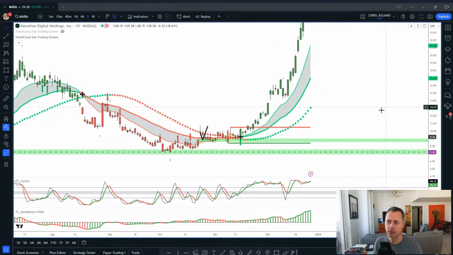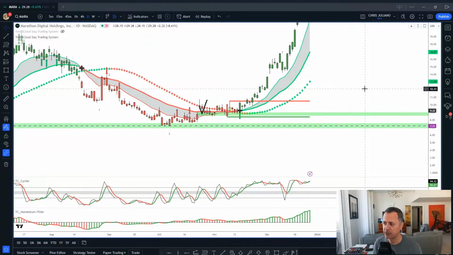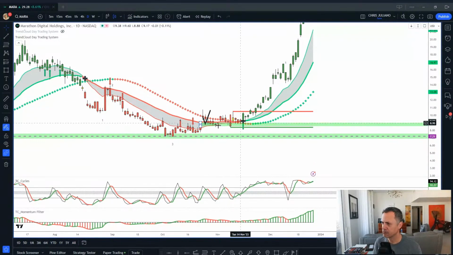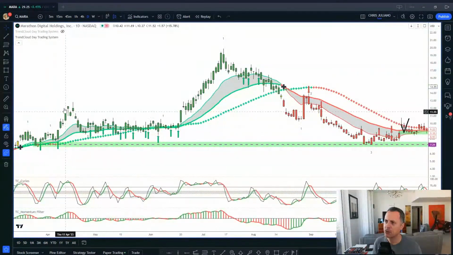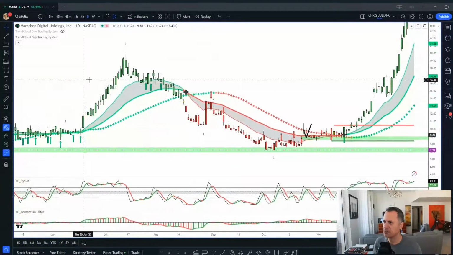We accumulate stocks that we believe in. So if we take a look here, we're looking at Marathon Digital Holdings, right? We're seeing all this. We believe in this company. We want to own this company.